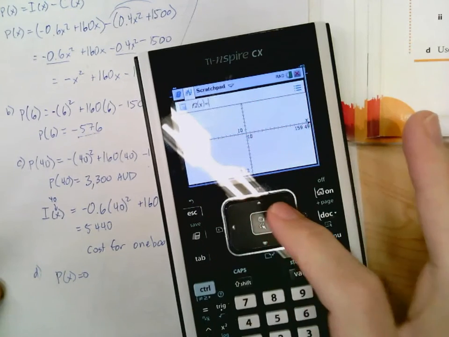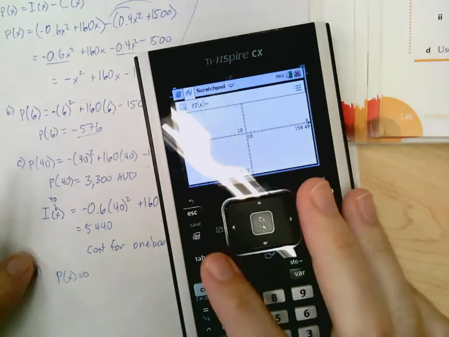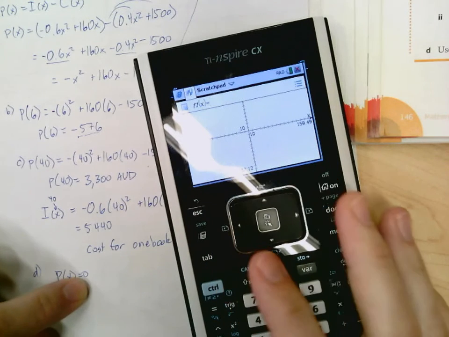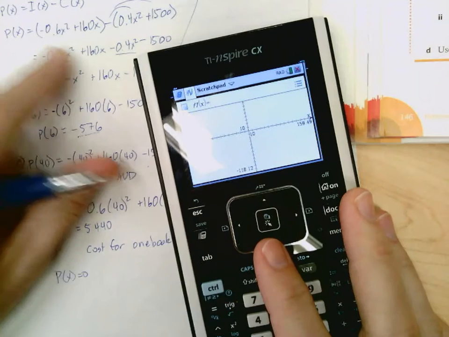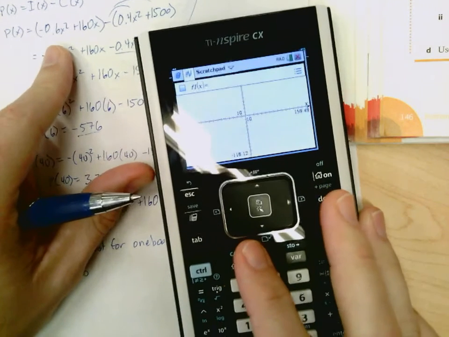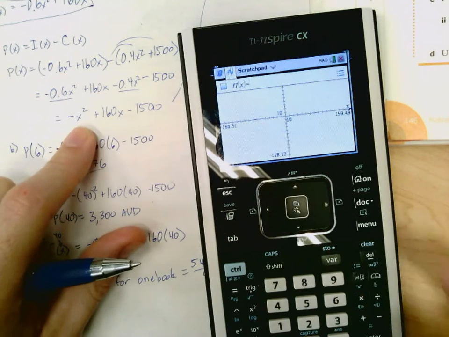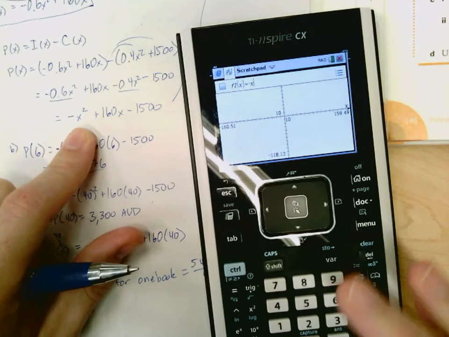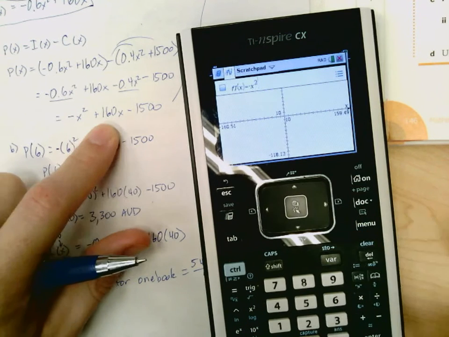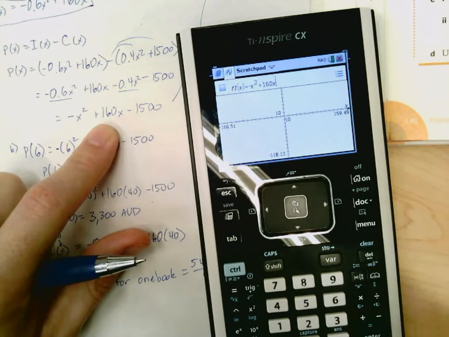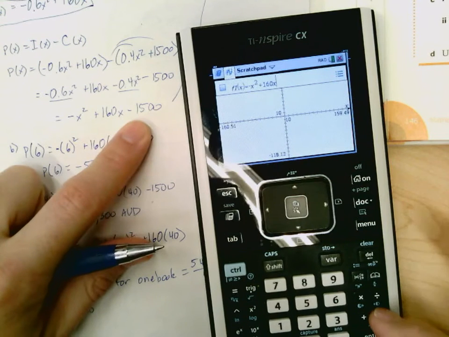Then we'll go up and we'll draw a new graph for P of X equals 0. So that means the function needs to be equal to 0. So I'm going to put in P of X first. I have that equation right here, remember? So I'm going to go negative x squared plus 160 x minus 1,500.